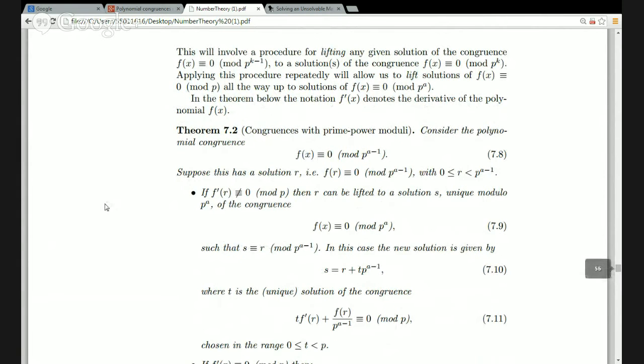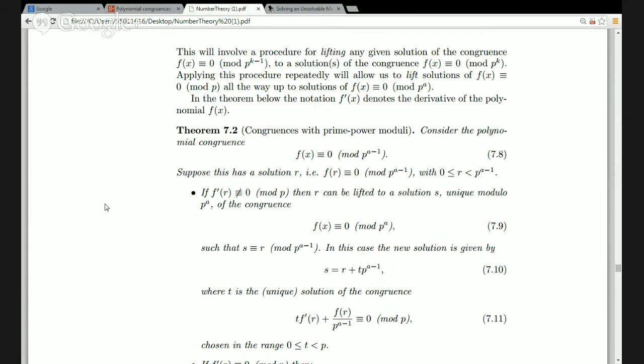The way it's going to work, and I think I described this on a previous day, is that to solve one of these problems modulo p to the alpha, we begin with the simpler problem of just the polynomial congruence modulo p. If that can't be solved, then there won't be any solutions to this. If this original one is going to have solutions, what this result describes is a way to lift the solutions of this to solutions of f(x) congruent to 0 modulo p squared.